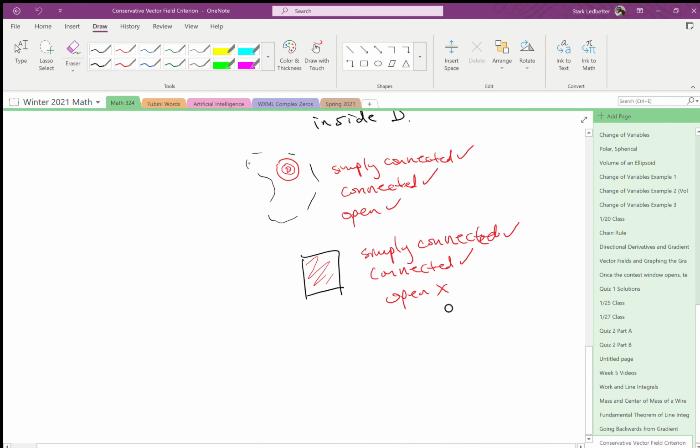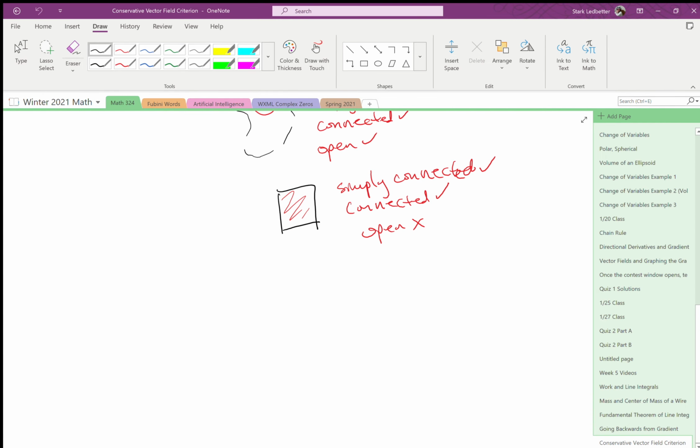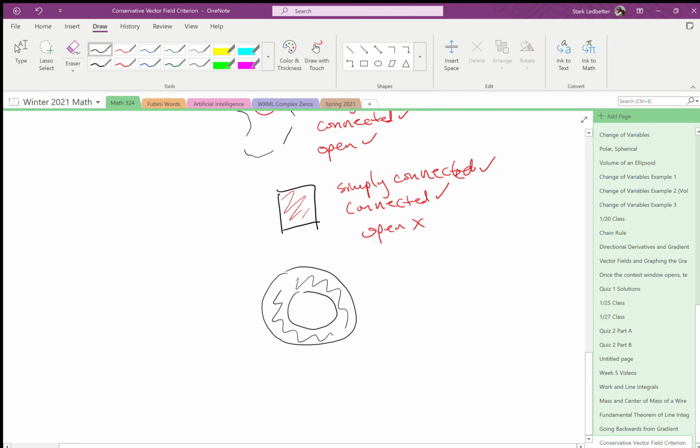So let me draw you a set that is connected but not simply connected. And all we have to do is take an annulus, a ring here. Okay, so this is connected. If I pick any 2 points, doesn't matter, they can be all the way across from each other, I can draw a curve that stays inside. And if I draw a circle over here, then I can certainly shrink that circle to a point while staying completely inside the region. But what if I draw this big circle here?